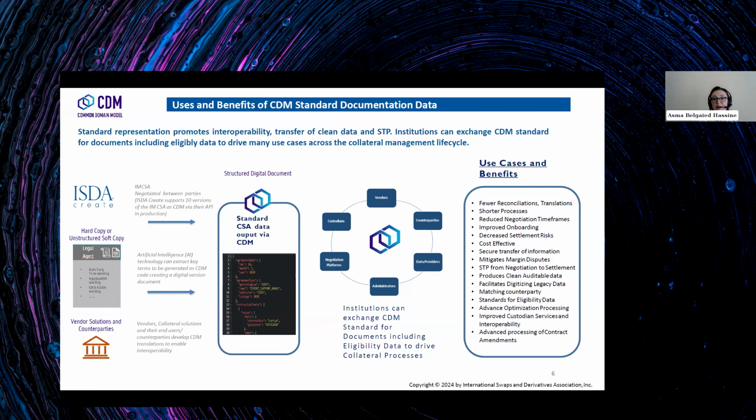This is the final stage where the agreement is live and ready to be included in the daily margining process, where it can receive trades, it can receive market data, and it can start the collateral margining workflow. So in summary, our automated workflow for integrating CDM JSON files into Colleen ensures seamless data integration, significantly saving time and reducing manual interventions and errors.